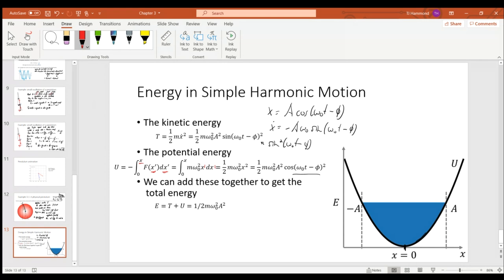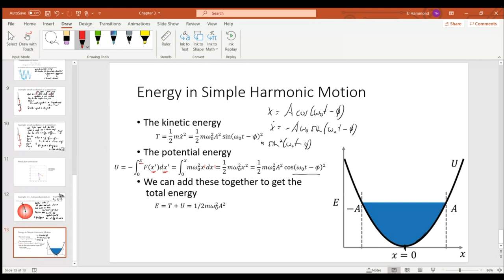But you know your trig identities. If you add T plus U together, what you get is 1/2 m omega naught squared A squared, and then of course cosine squared plus sine squared, which will always give you 1.